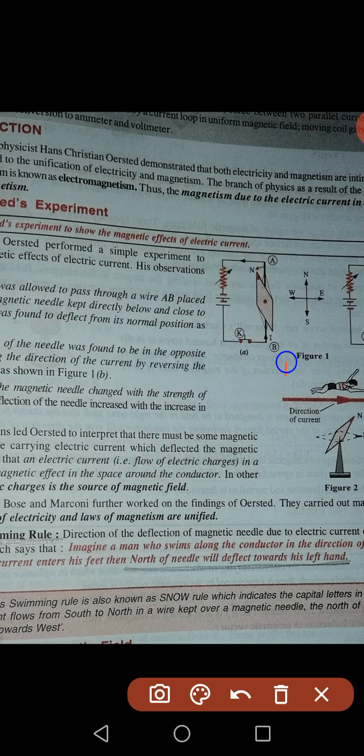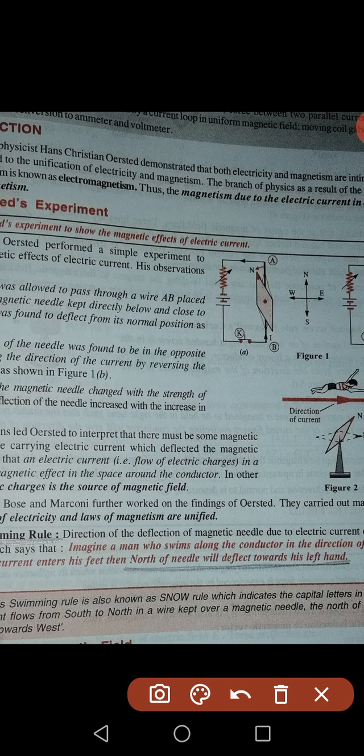So one magnet can undergo deflection if and only if there is a magnetic field near it. That means the current flowing through the conductor is creating a magnetic field around this region, and due to this magnetic field the needle is deflecting.